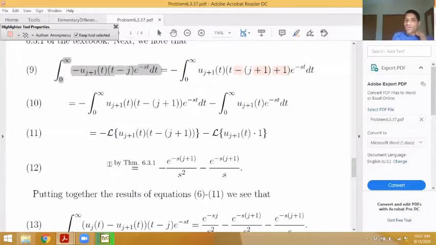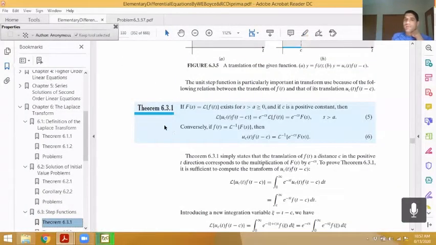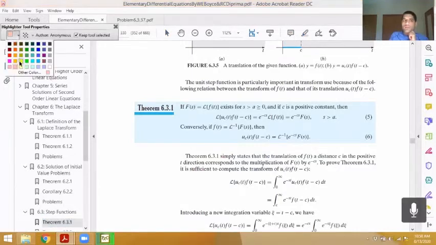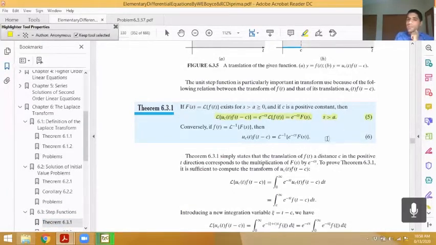Now, before I use this theorem 6.3.1 that I've mentioned so many times, let's actually take a look at it. Here is theorem 6.3.1 from the 10th edition of Boyce and DiPrima. So if we look at this line over here, this is the main part of the theorem that I'm using. It's part 5.